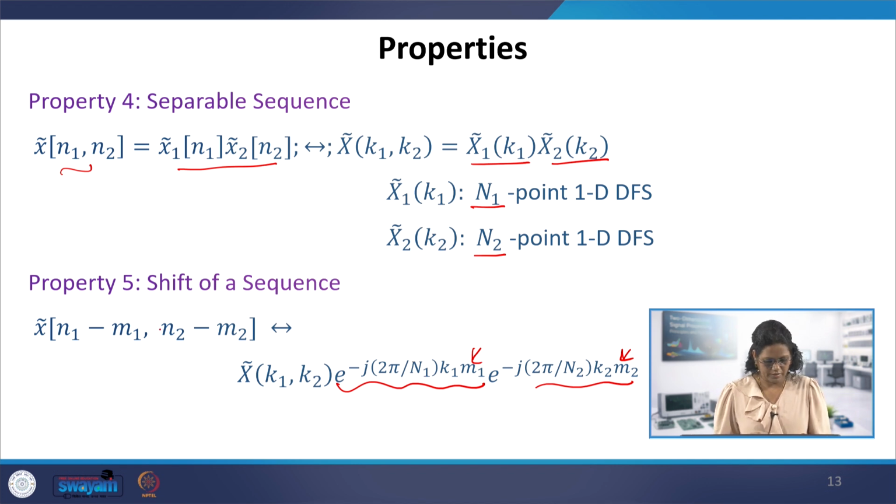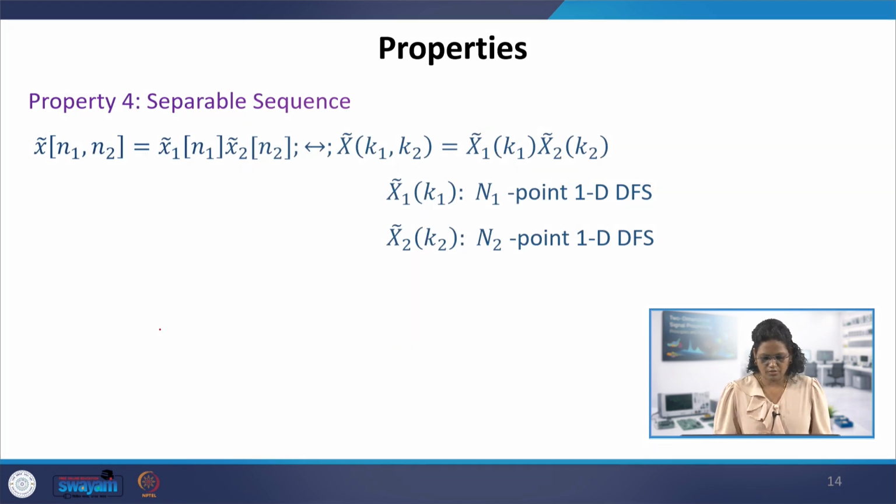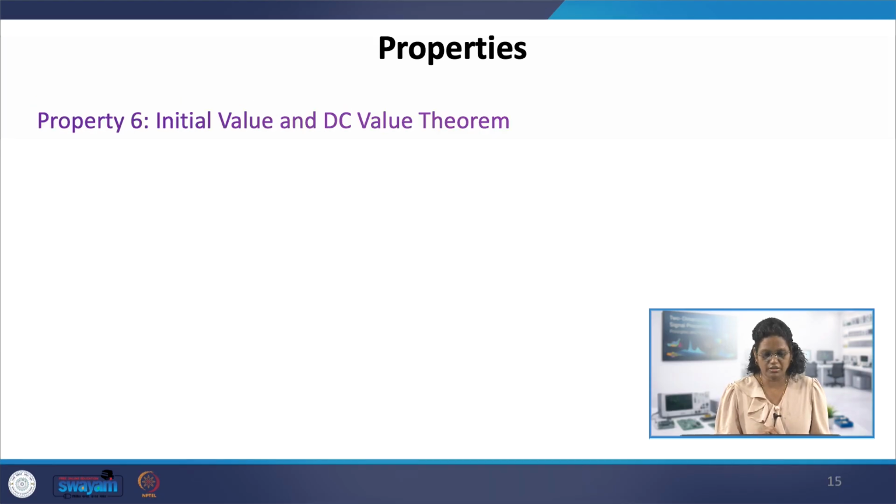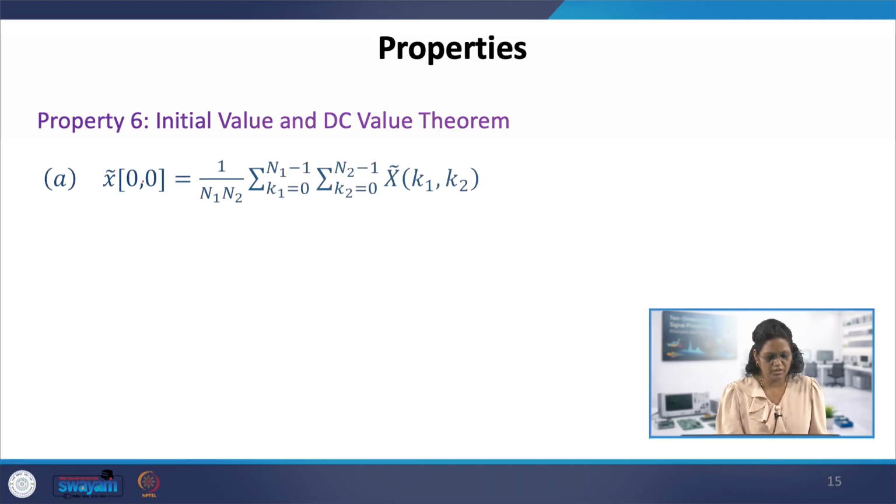Okay, so the delay. If you take the case of the initial value and the DC value theorem, for x tilde we want to find out the value at n1 and n2 equal to 0 0, initially. So compute the coefficients, and this would give the initial value.